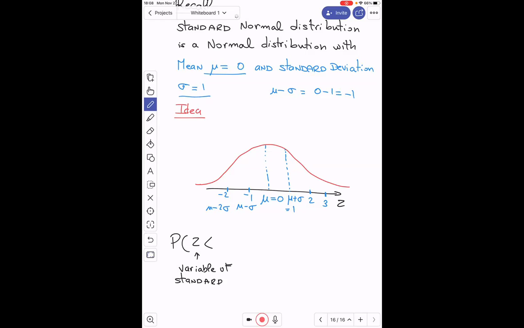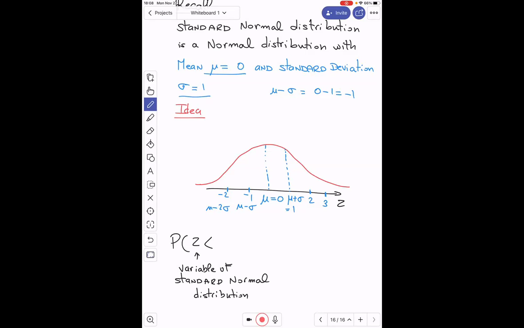For example, in a binomial distribution, the variable was r, the number of successes. We denote the variable of a standard normal distribution by z. It's just a convention.